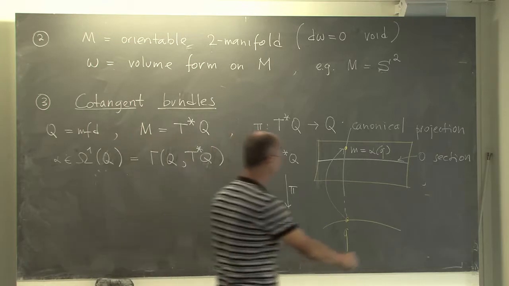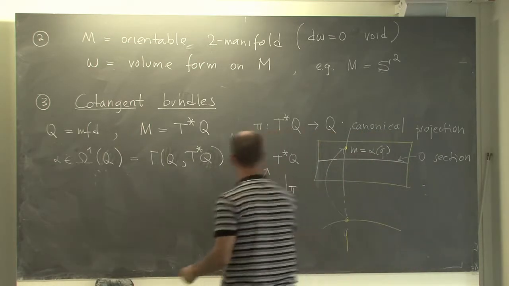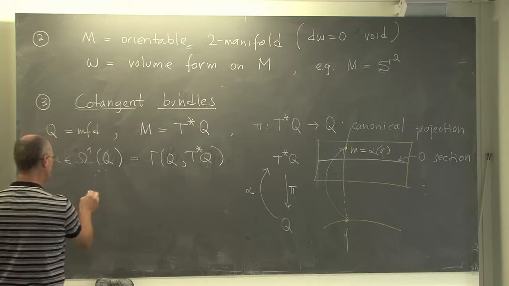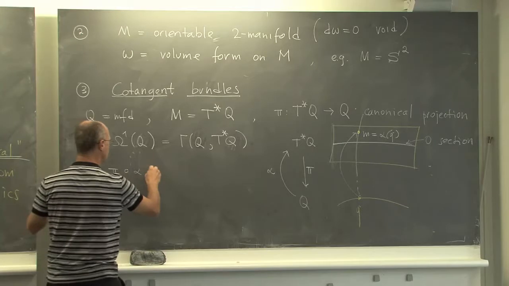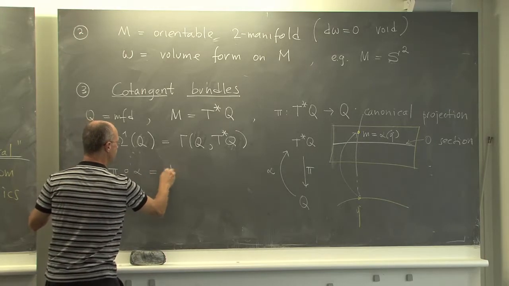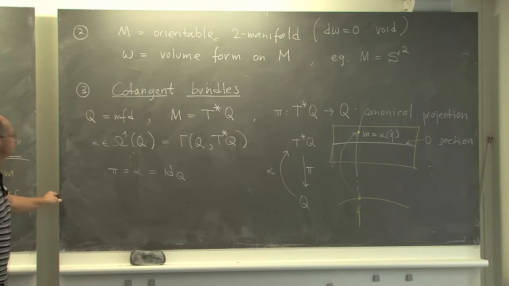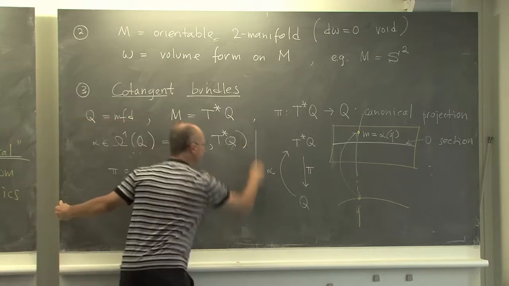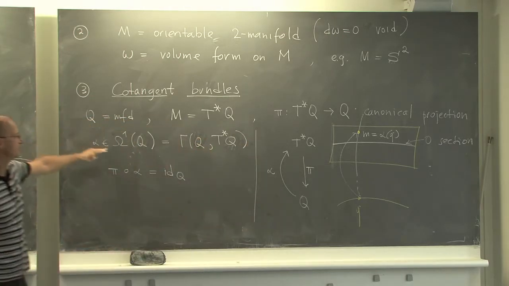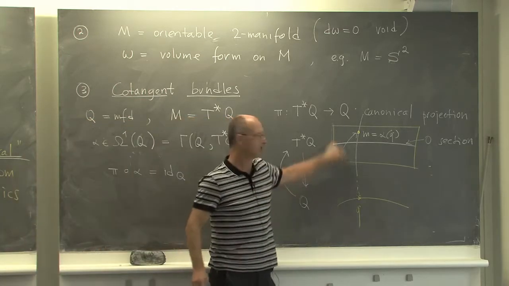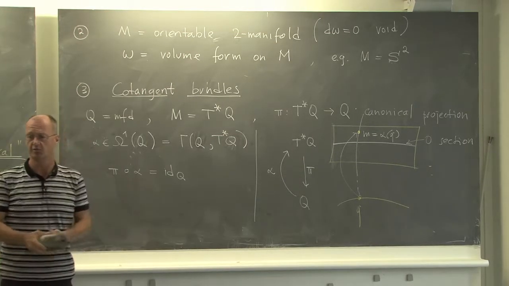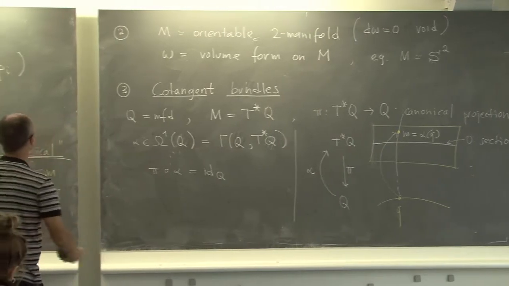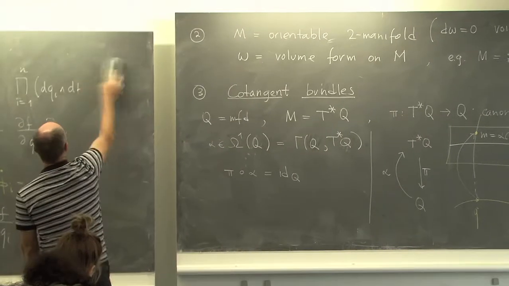And of course, this condition is verified: if you first apply alpha and then apply pi, you get the identity of Q. So you have two interpretations of alpha, one as a differential form and another as a map. And if you don't mind, I will be using the same letter with these two different meanings of alpha.